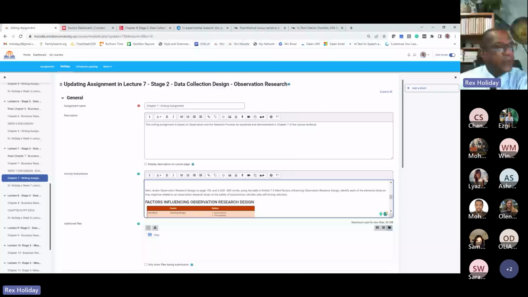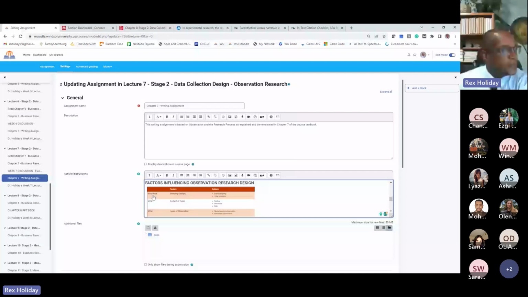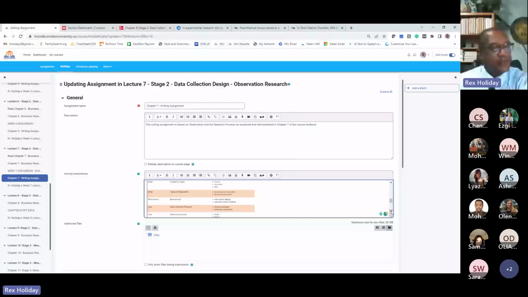Okay, and then these are the different factors: who, what, sampling, design, event sampling, and this alone would constitute me not giving you any extra writing assignments, because this one, I realized, was a little more complicated.